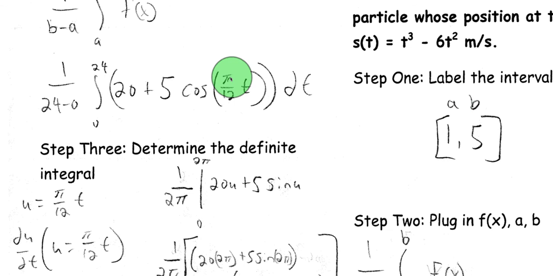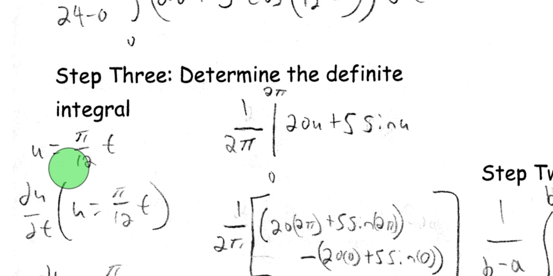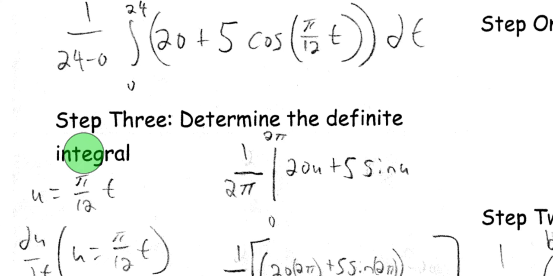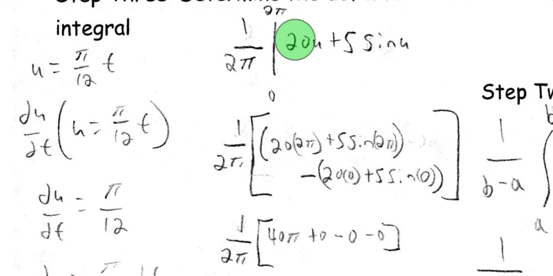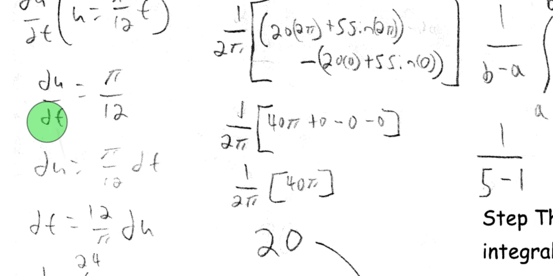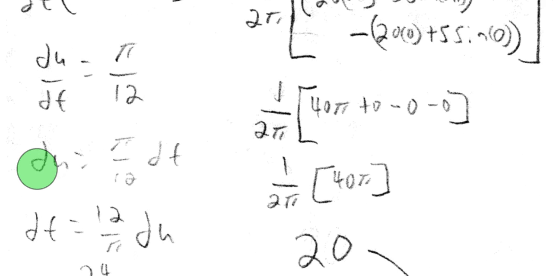In order to integrate this, I made u equal to pi over 12 times t, so that I can take the antiderivative. So du dt would just be pi over 12, just the constant in front of the t. Therefore, if I multiply both sides by dt, I get du equal to pi over 12 times dt.